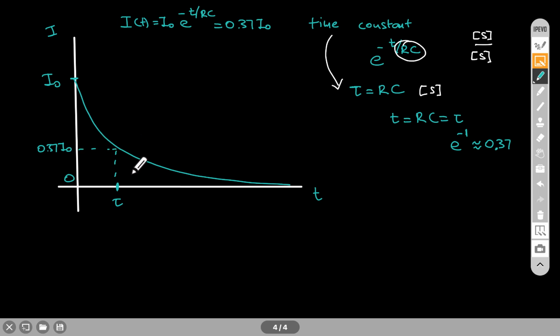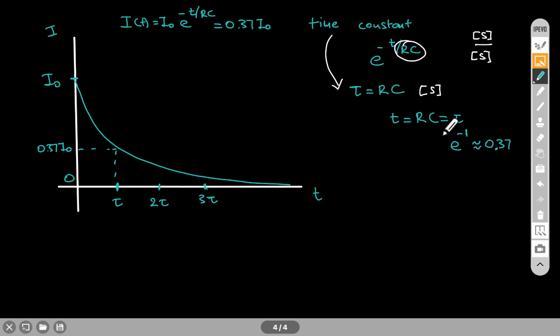Okay. Now, why is this important? Well, let's say that will be one time constant, this will be two time constants, and this will be three time constants. You can tell that if you wait a few time constants, then the current has decreased significantly.